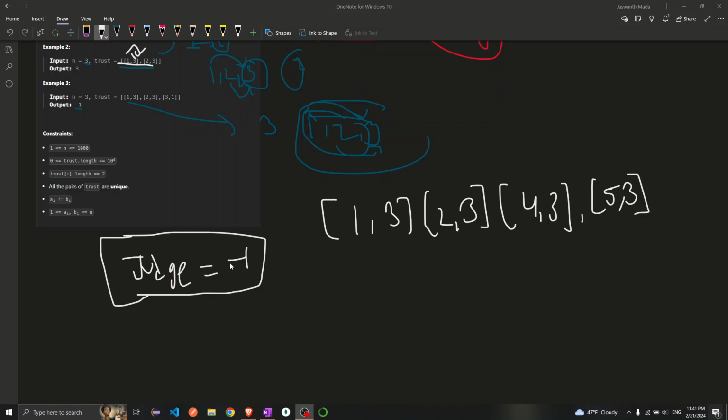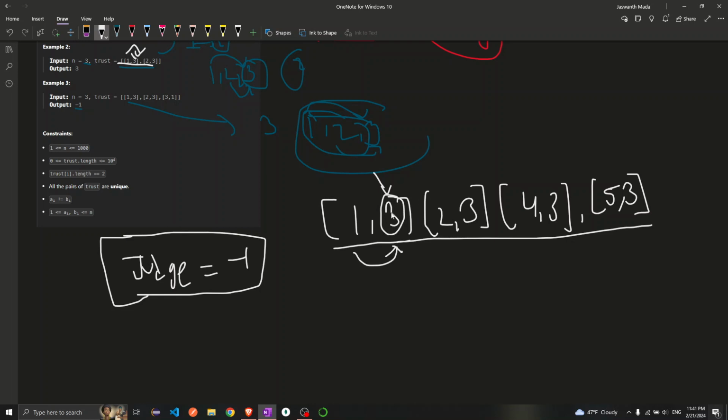Initially, our judge is -1. My basic idea is, initially in the first array, there will be a person who will be getting trusted, the right person, so I'll assume he is the judge. Then I'll again traverse through the entire array and see if he is the judge or not, if this guy is getting trusted by everyone or not. If this guy is getting trusted by everyone, then he is the judge.